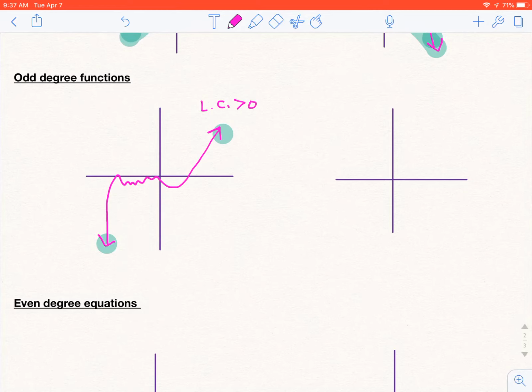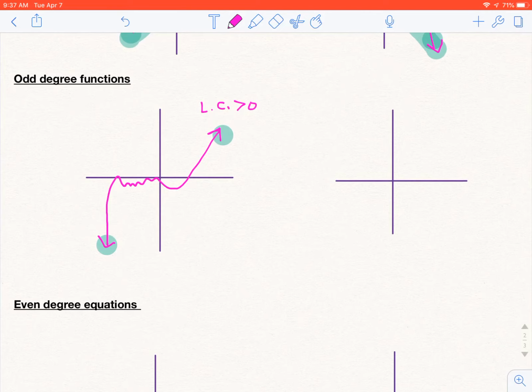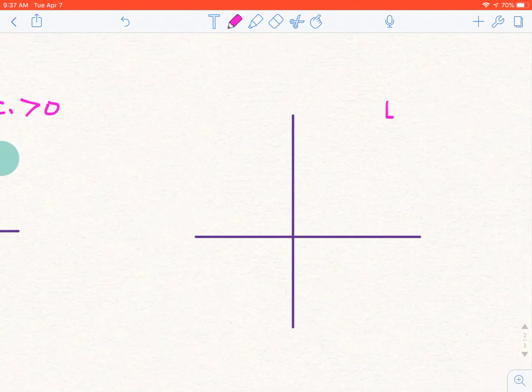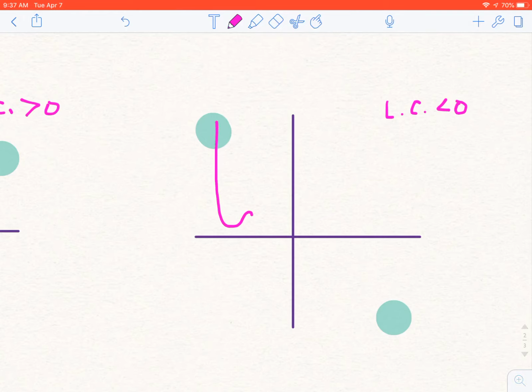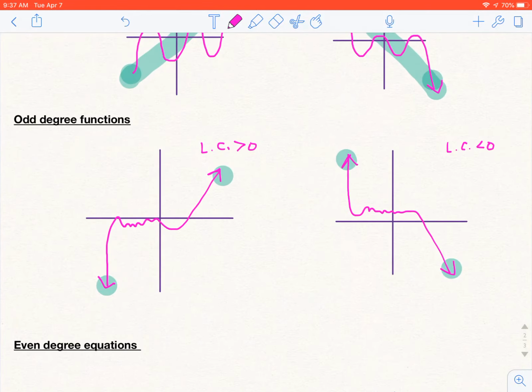It's got to have at least one real root when we have odd degrees, because imaginaries always come in pairs. So over here with this one, when my leading coefficient is negative, it has to start in the top left and end in the bottom right. I don't know what it does in between, so sometimes we just draw squigglies and then we end up back down here. The squigglies just represent whatever it's doing in the middle.